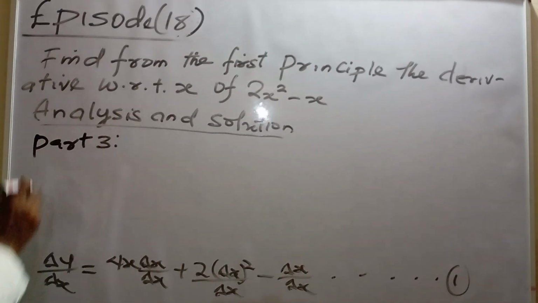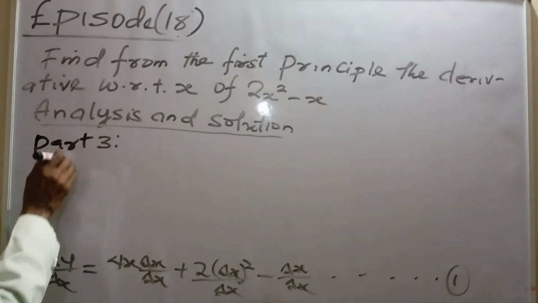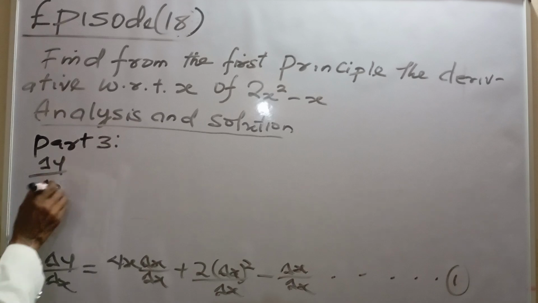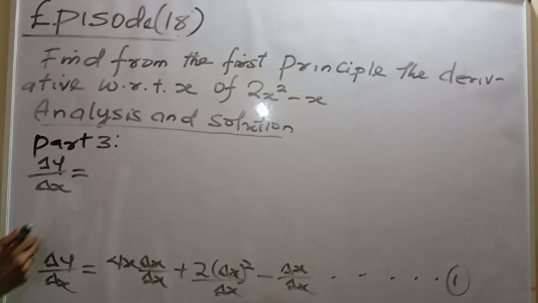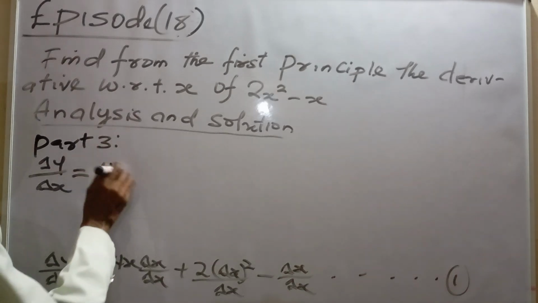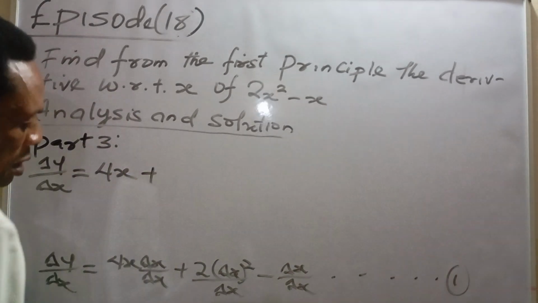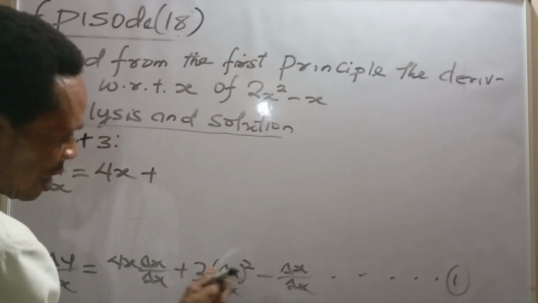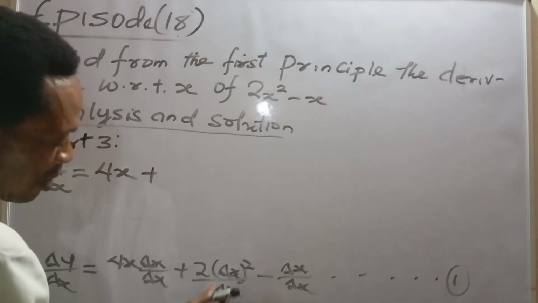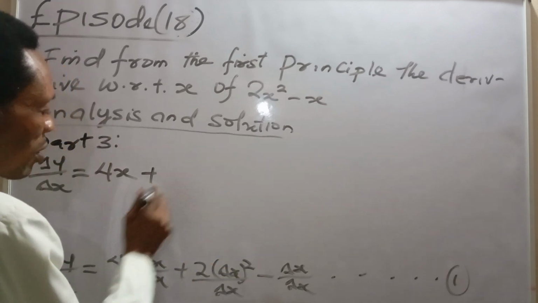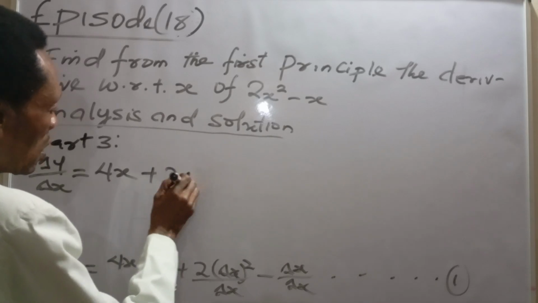So it means that my delta y all over delta s equals, this cancels itself, we are left with 4s, because this one cancels itself, plus this one is our 2 delta s raised to the power all over there. So this one cancels this one, you are left with 2 delta s.